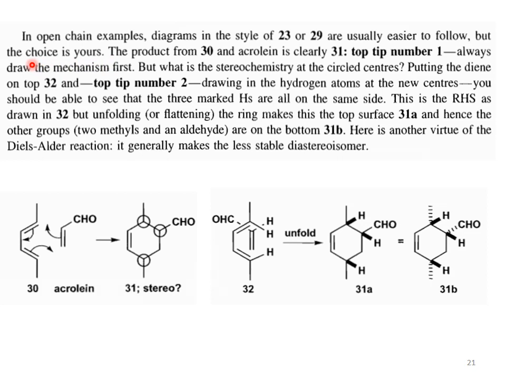There is a hydrogen over here and a hydrogen over here. This structure 30 contains two double bonds. The two double bonds have E geometry with respect to each other. So two E double bonds in 30.